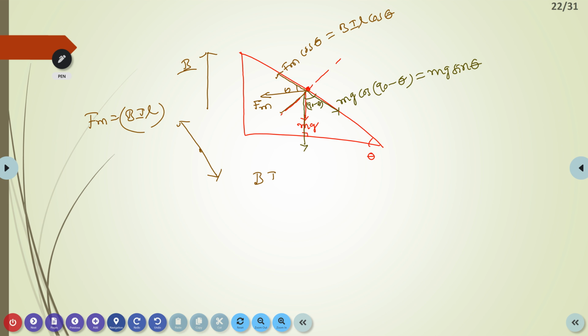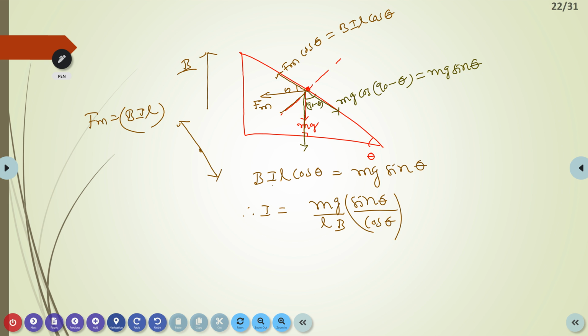That is, BIL into cos theta equals mg into sin theta. But we are interested in calculating I. Therefore, I equals mg into sin theta divided by B into L into cos theta. What is sin by cos? That is tan.